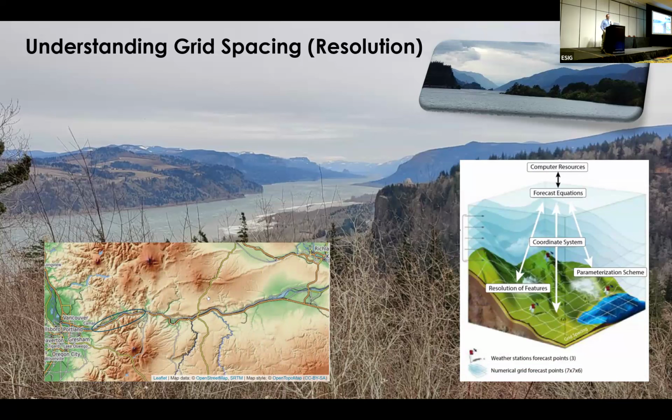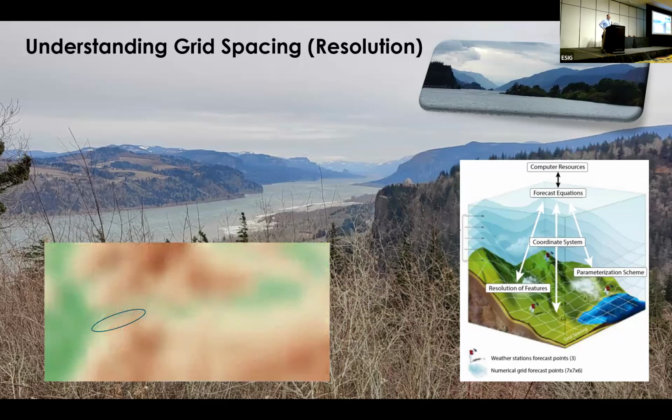John described that process of taking the observations and moving them onto model space. The terrain map on the bottom left basically shows the topography at essentially full resolution, the highest resolution available. This is kind of what models often see, particularly the ERA5 model.